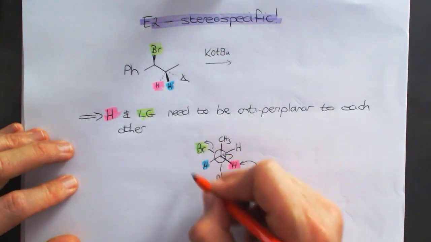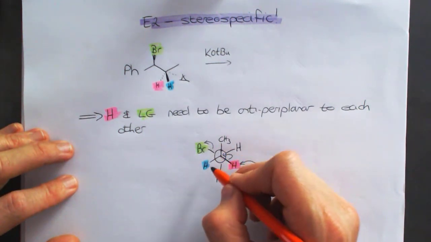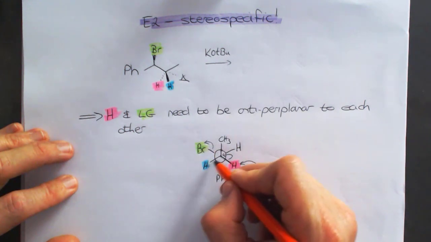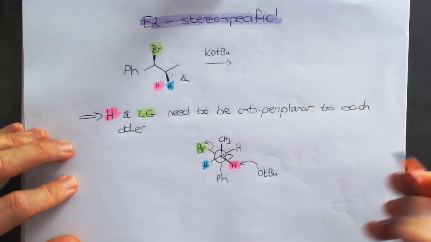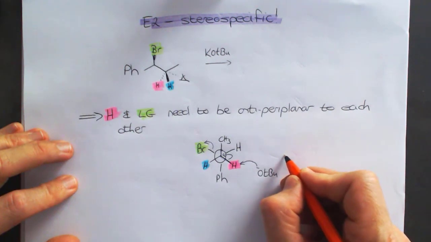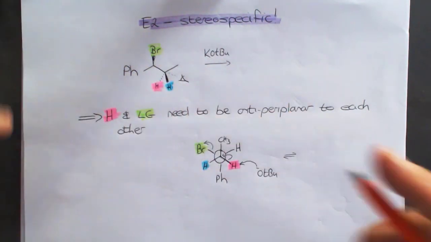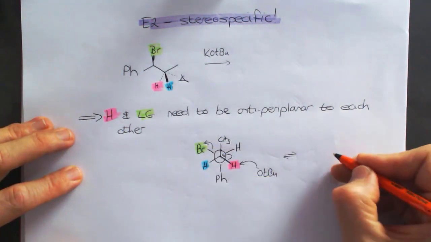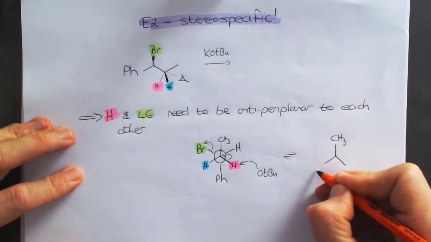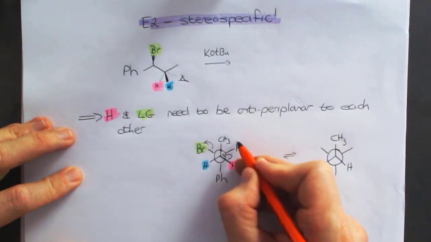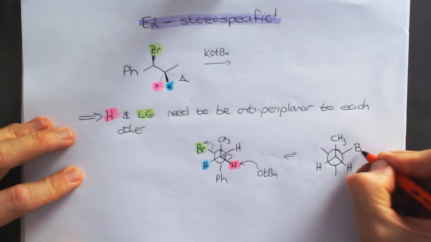There is, of course, another conformation. I can redraw this so that I get the bromine over here so that it is anti-periplanar to that H. So let's look at that conformational change, which would be kind of like an equilibrium as it's turning around. I'm going to keep the front exactly the same, and it's only the back that I'm going to change. So the bromine is going to move to this side.